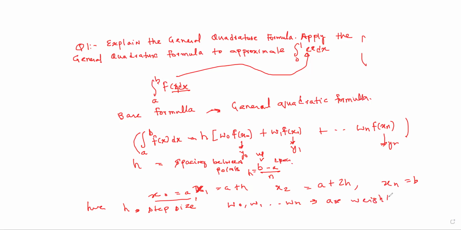And your x naught, x1 are the points at which we calculate f of x. Now, in this particular problem, it is given as 0 to 1 e power x dx.